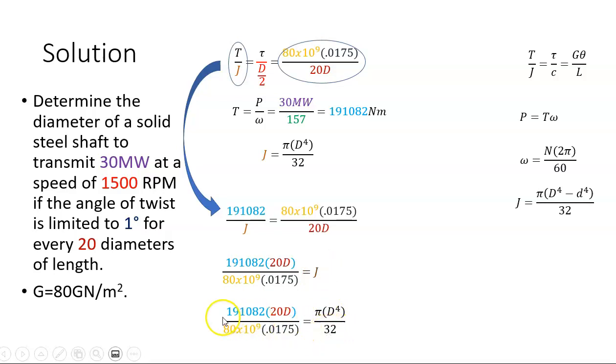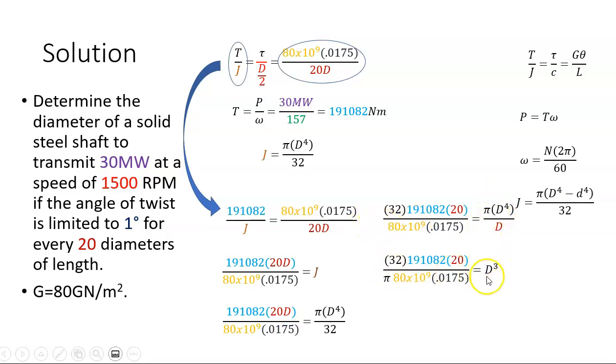So I bring the 32 up here and I bring the d down here. So there's the 32 and the d has moved down. And d into d to the power of 4 is d cubed. And we bring pi down here.